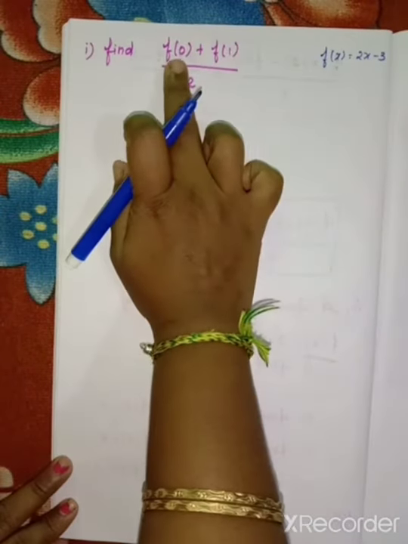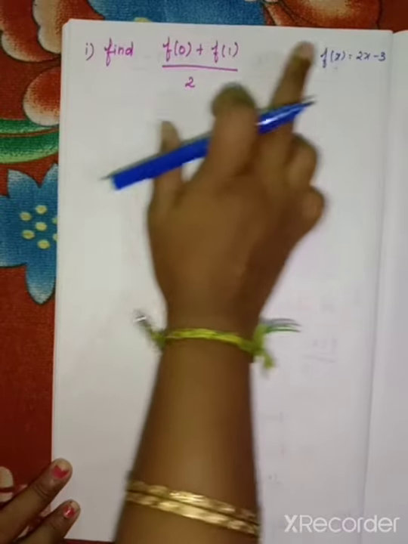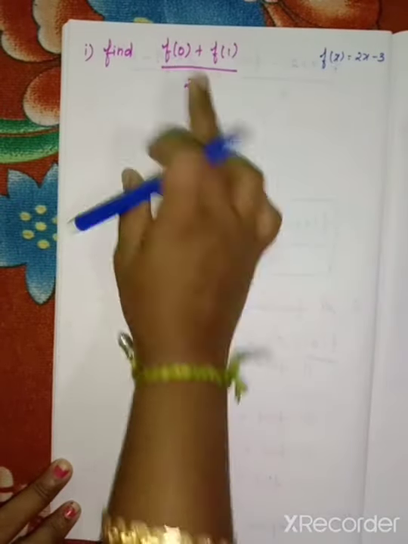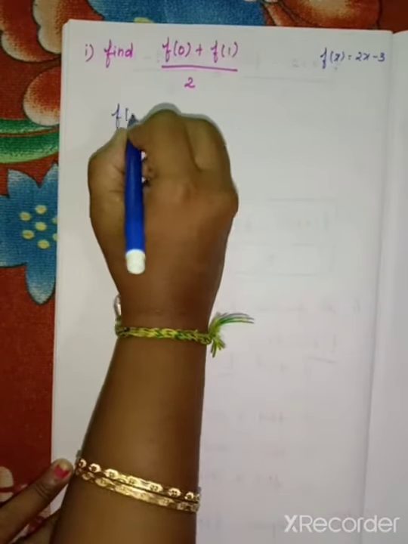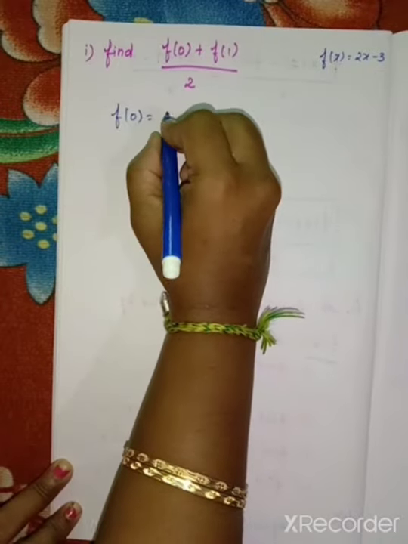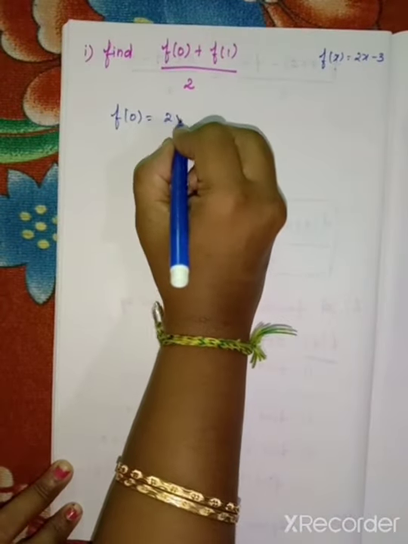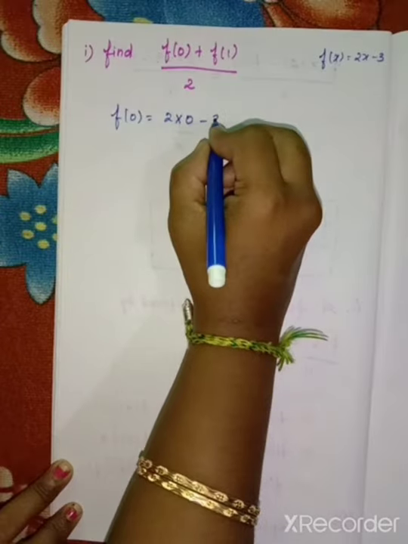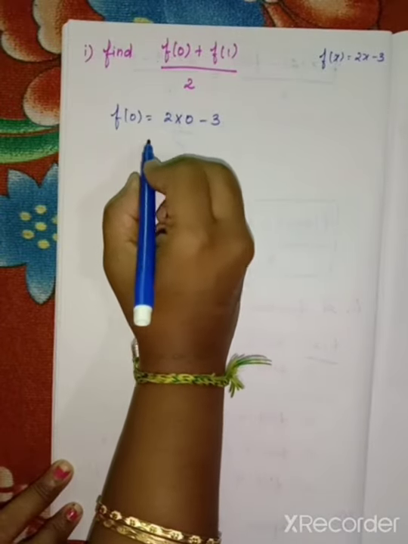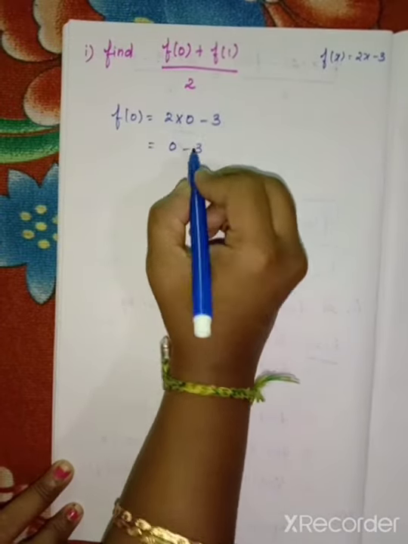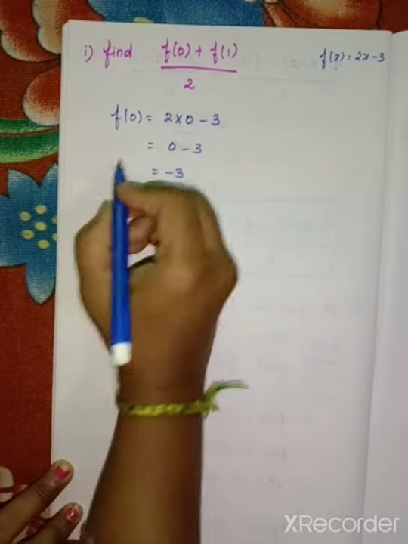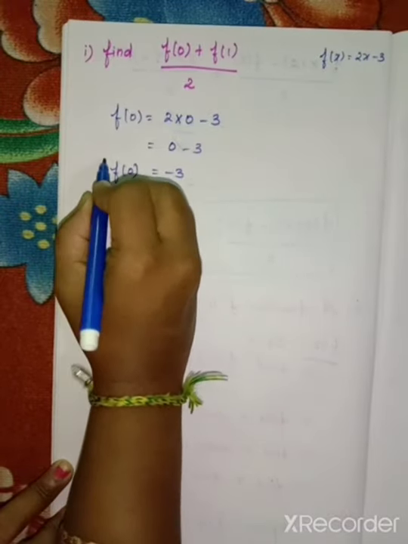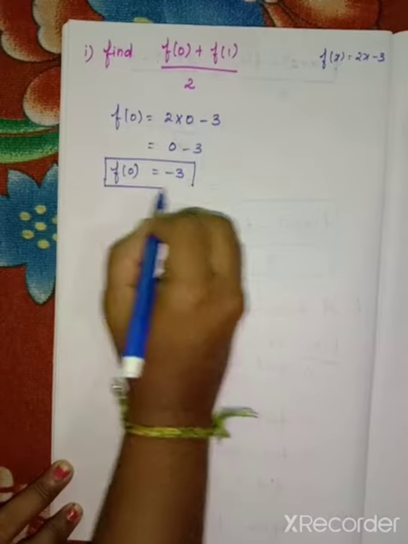So first find f of 0. In place of x, substitute 0. So f of 0 equals 2 into x, so 2 into 0 minus 3. 2 times 0 is 0, minus 3, equals minus 3. So f of 0 equals minus 3.